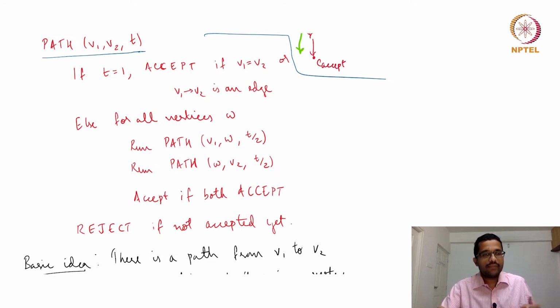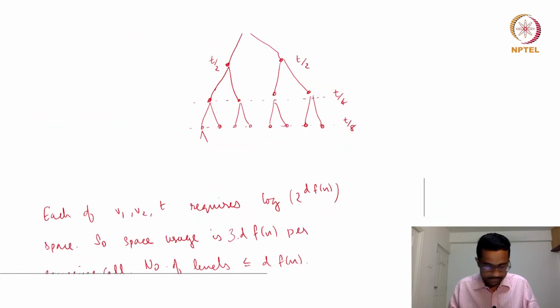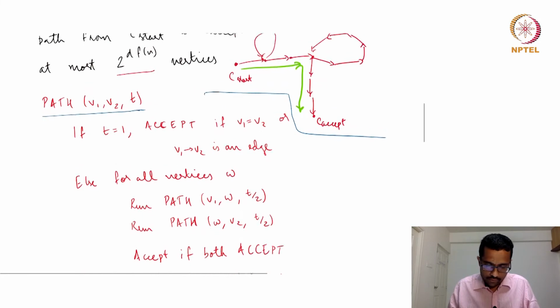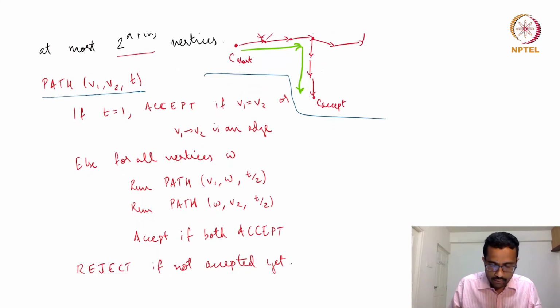When the recursive call returns the answer, it needs to resume the computation from wherever it left off. So it needs to store the state information. What is the state information that is required here? At the top level we are making the call for v1, v2 and t, right?